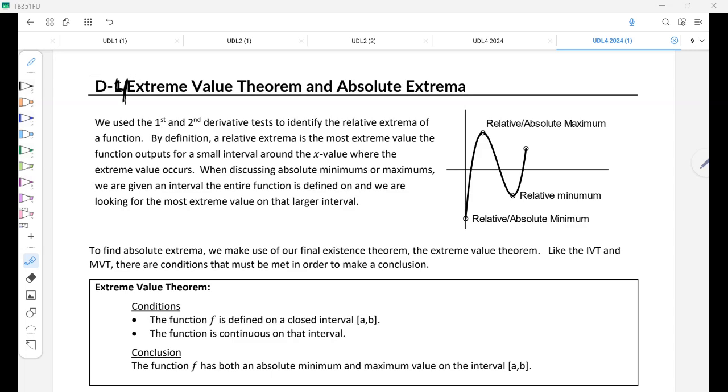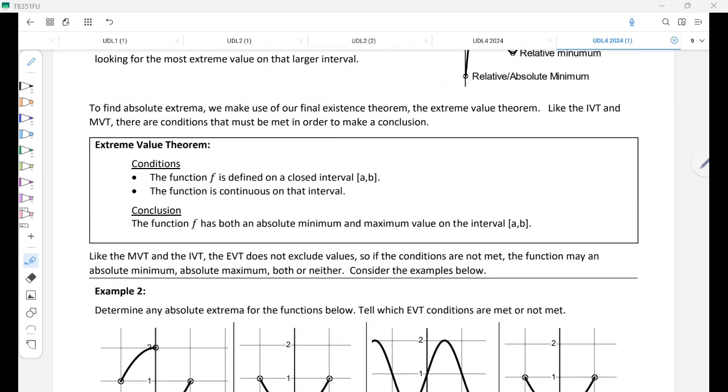And just like any of the other theorems, there are conditions and there's a conclusion. The big one is that you're defined on a closed interval from A to B. In order to guarantee an absolute min or an absolute max, we have to lock ourselves into a closed interval. So we've got two solid endpoints on either side, and we need to be continuous on that closed interval.